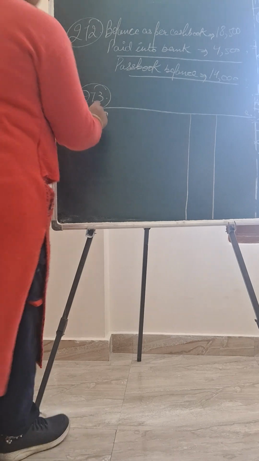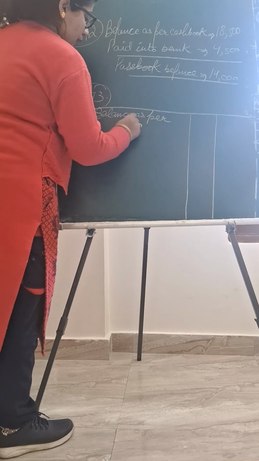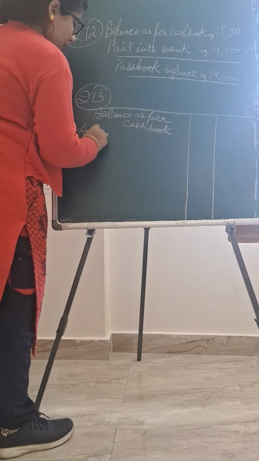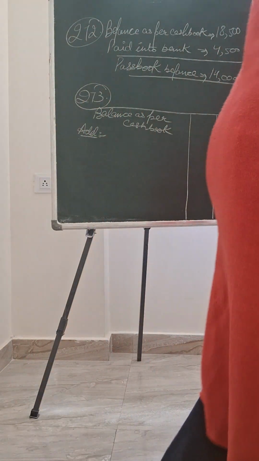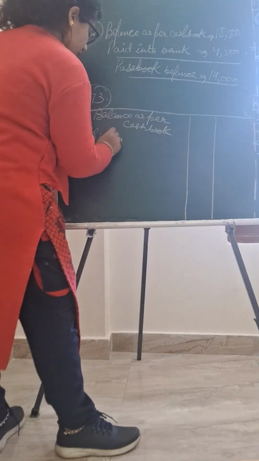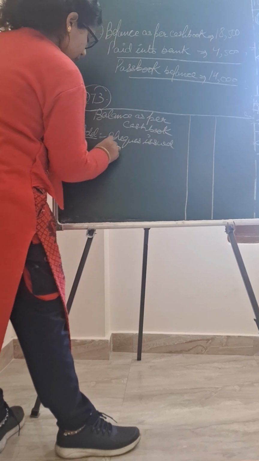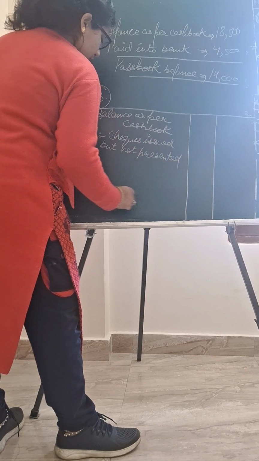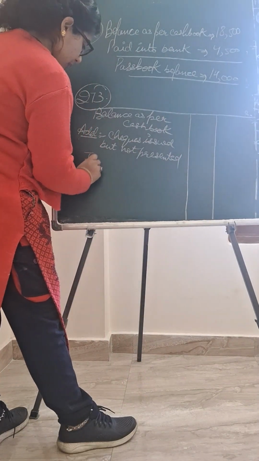So first there is balance as per cash book, then add checks issued but not presented, and add interest credited by bank.